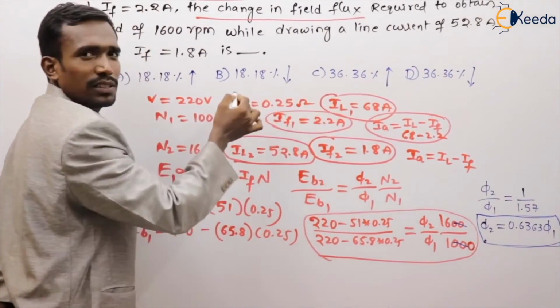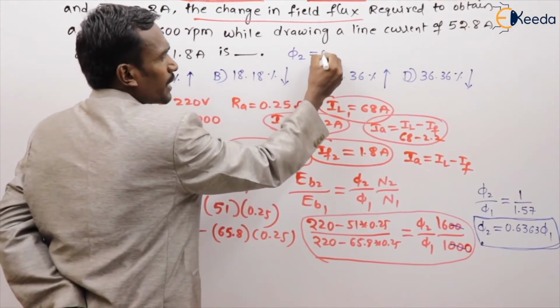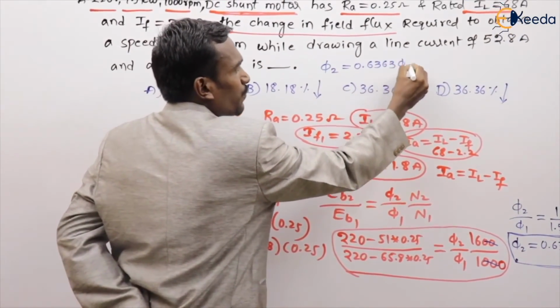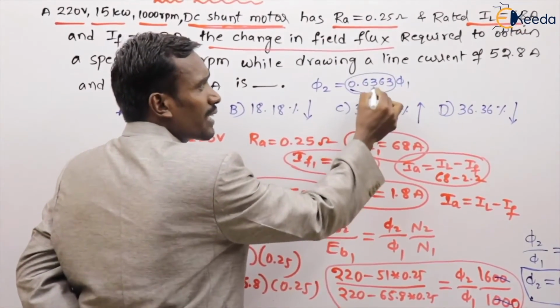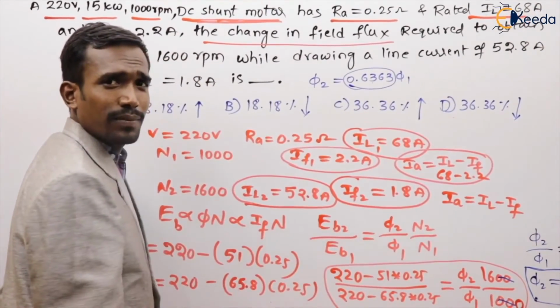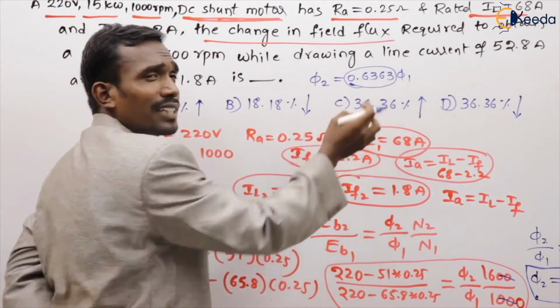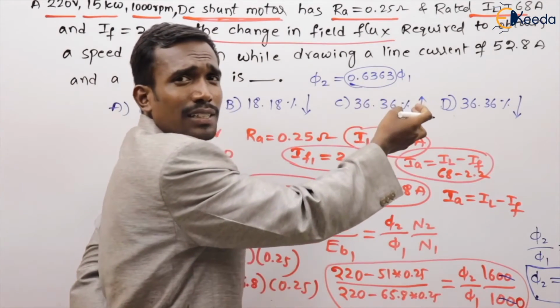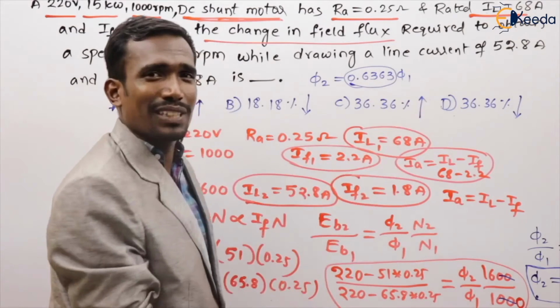Now see the options. What do we get actually? Phi 2 is equal to 0.6363 into phi 1, so here just 63% is there. How much percent does it reduce?